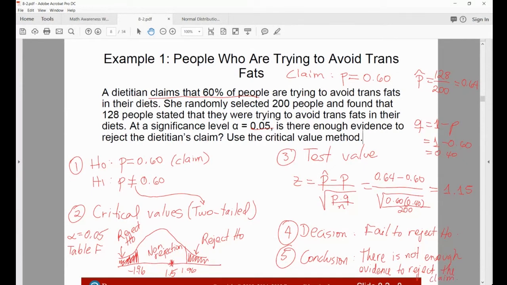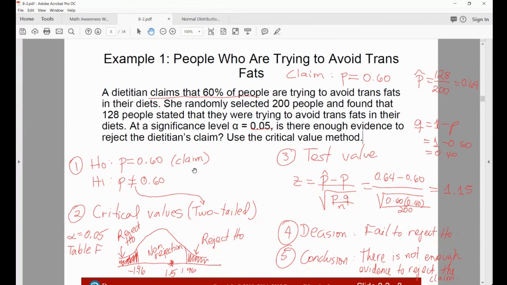So you can write the conclusion like this, or if you want, you can write what's the claim. So you can say there is not enough evidence to reject the claim that the proportion is equal to 0.60, or that the percentage is 60%. So always in the conclusion, you need to talk about the claim. If you can accept it or support it, or if you cannot support it, if you can reject it. And that depends on the decision.